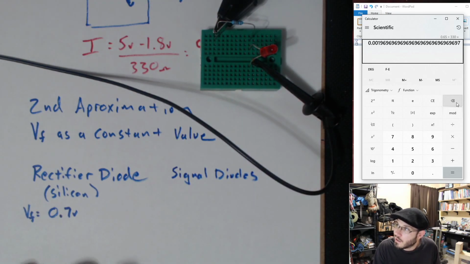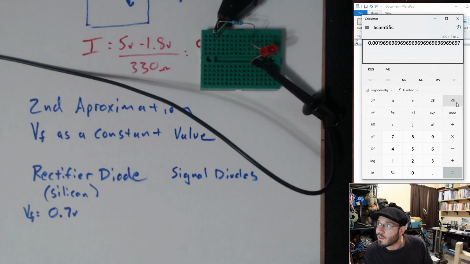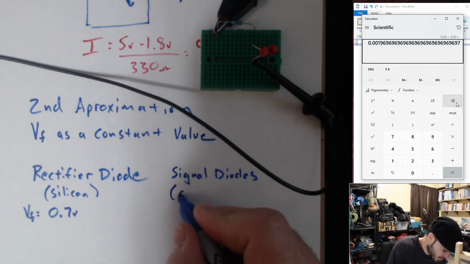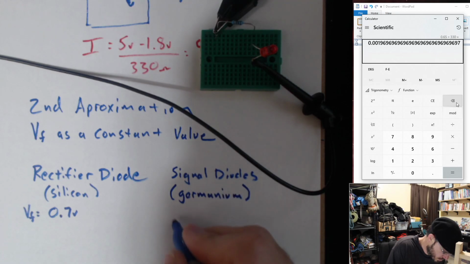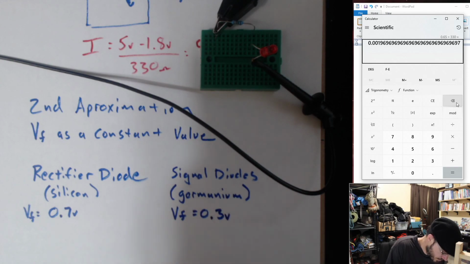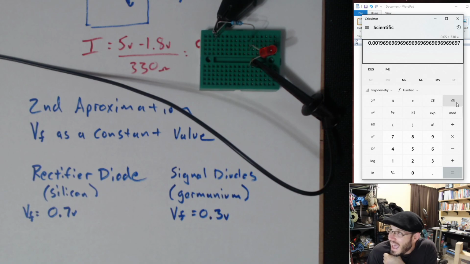Signal diodes are constructed out of germanium and generally have a nominal forward voltage of about 0.3 volts. LEDs, or light emitting diodes, are a completely different beast and animal. They're constructed quite a bit differently so that they produce that side effect of light, and they have a nominal forward voltage of about 1.8 volts.